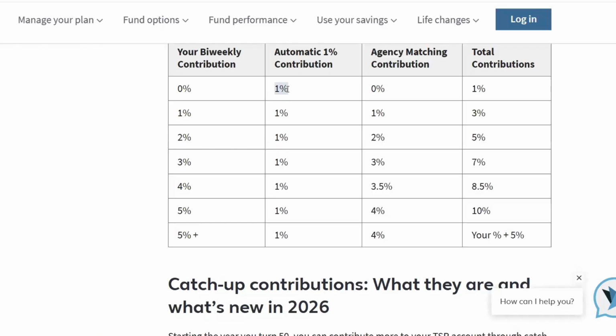They will put in the automatic 1%, but they are missing out on that matching money from the government by over contributing. Ouch. That doesn't sound like a lot because they're putting in so much, but guess what? How much free money are they missing out on? That isn't even theirs, that the government's willing to put in there. And that's just more on top of it, right?